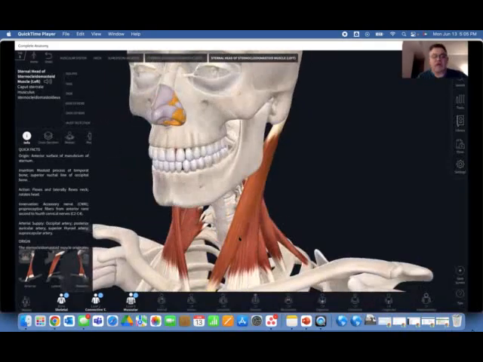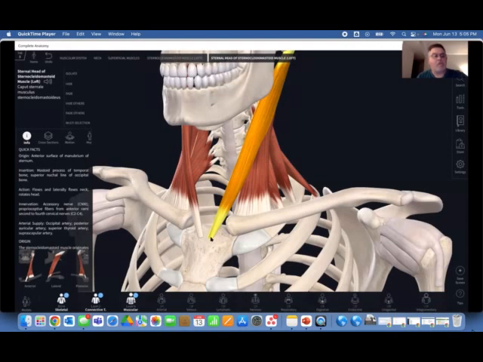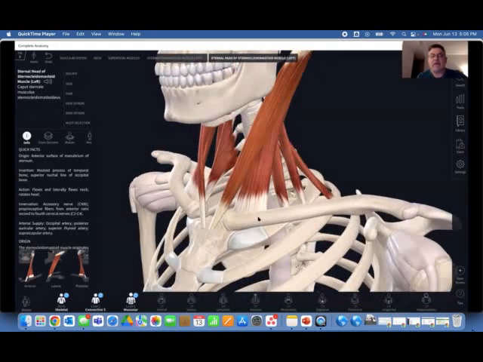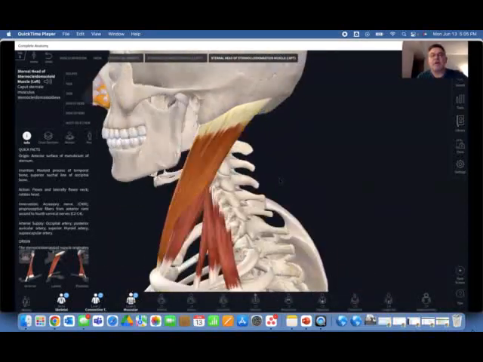This is the sternal head, and so the origin is the anterior surface of the manubrium of the sternum. For the clavicular head, it'll be about the middle third of the clavicle itself. It inserts into the mastoid process of the temporal bone.